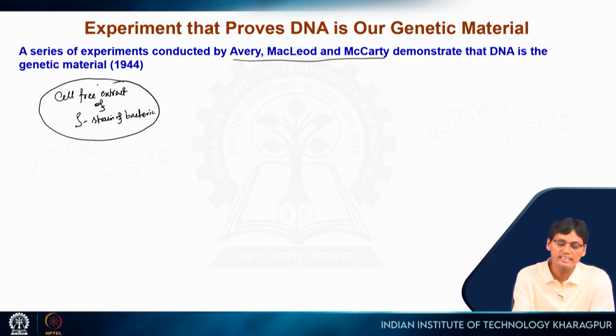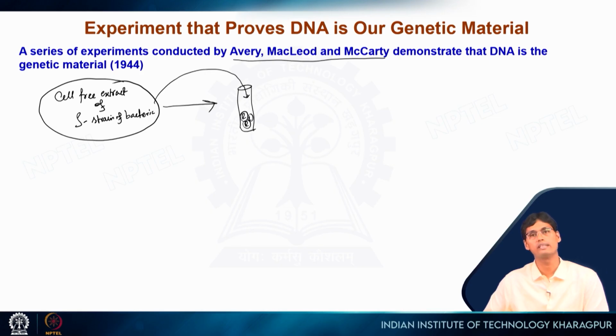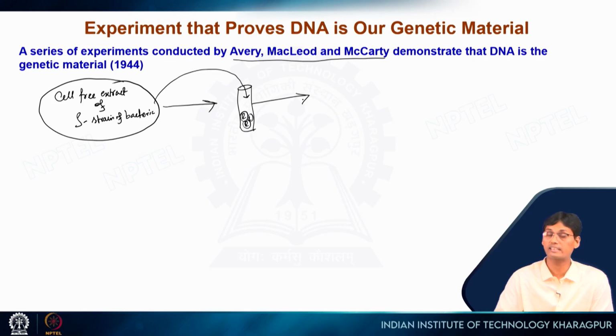They took this cell-free extract and added it to a tube where you have the R strain of bacteria, right? You are just putting this cell-free extract there and culturing the R strain, and after some time they observed that in this tube S cells also appeared.